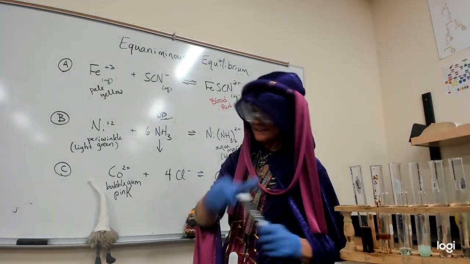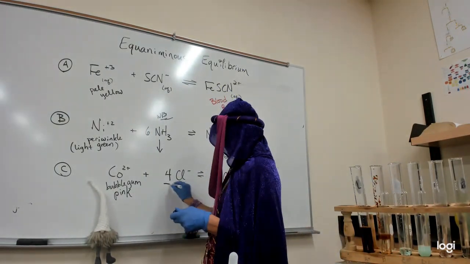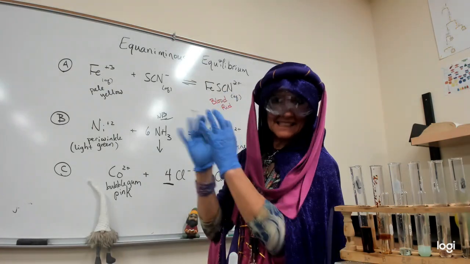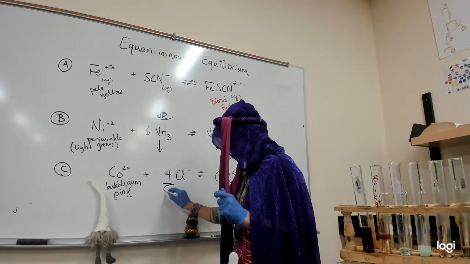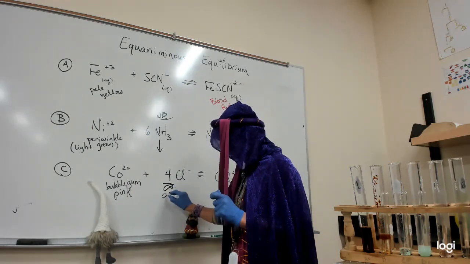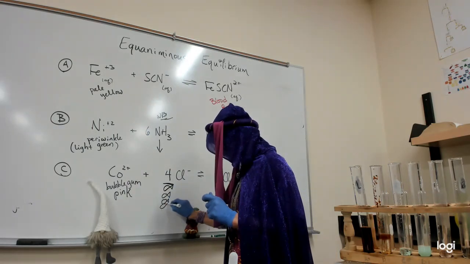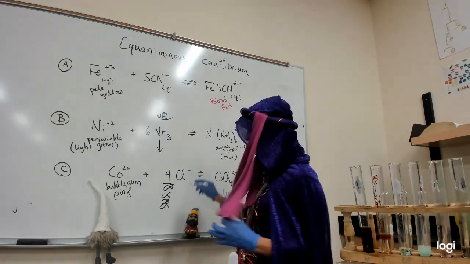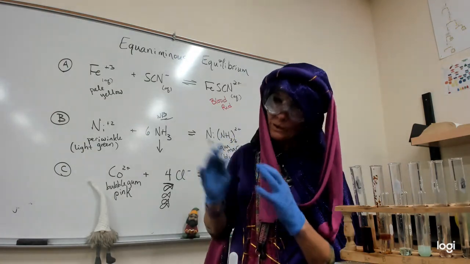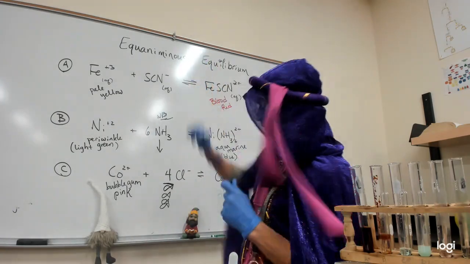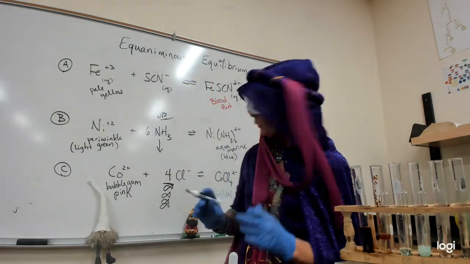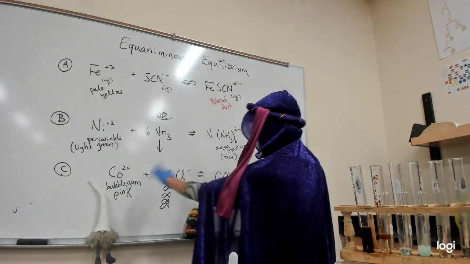When you write your K expression, you take them to the exponent of that coefficient. And this has 4 chlorides, right? 1 chloride, 2 chloride, 3 chloride, 4 chloride. So it's going to be taken not 4 times, but chloride to the 4th power. So when I add some water, everything cuts in half.